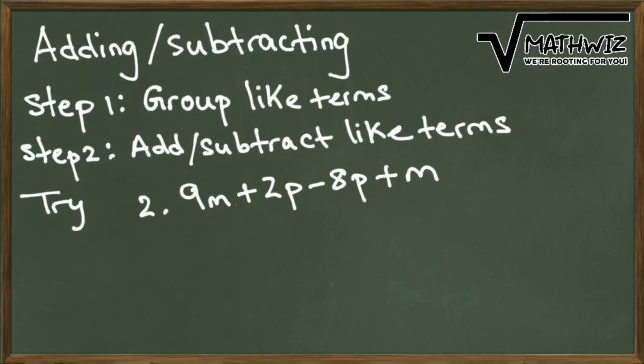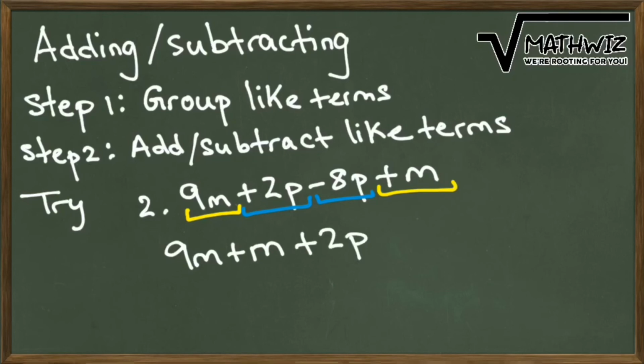Okay, for your second question, the like terms would be 9m as well as the plus m, and then you would have 2p and 8p. So grouping our like terms together, we would have 9m plus m plus 2p minus 8p. So you have 9m plus m and 2p minus 8p.